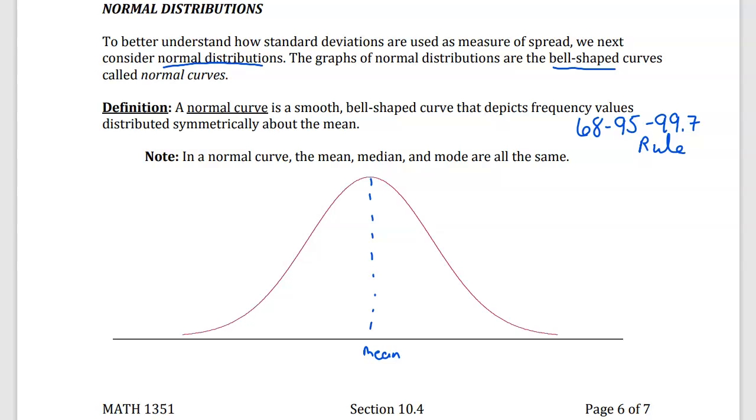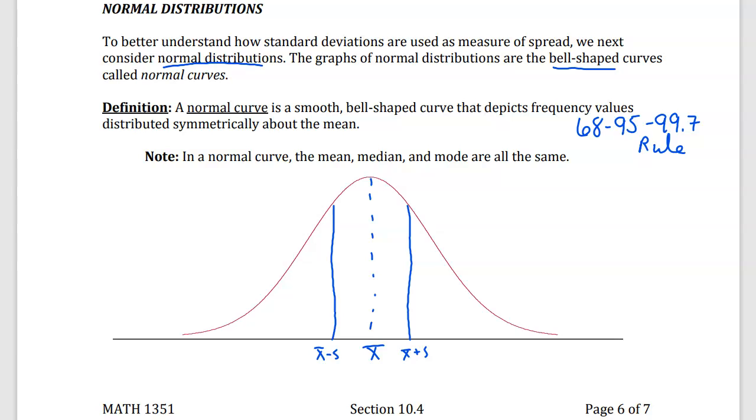And so what that says is that if you put the mean in the center, you go one standard deviation out. So you subtract one standard deviation and you add one standard deviation. Remember that S is a standard deviation.